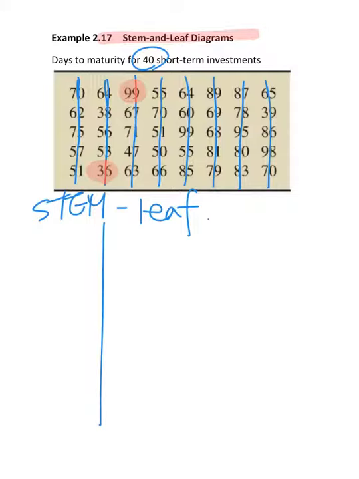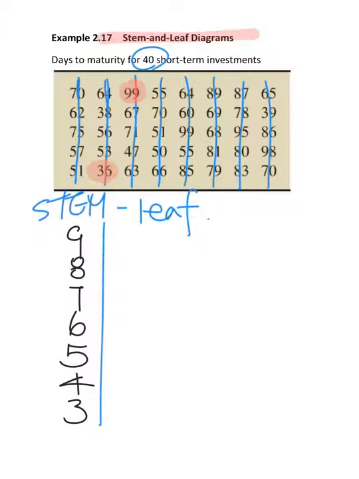So basically, I just put the tens in stem from 3, 4, 5, 6, 7, 8, and 9. And then one by one, we put the ones into the leaf.